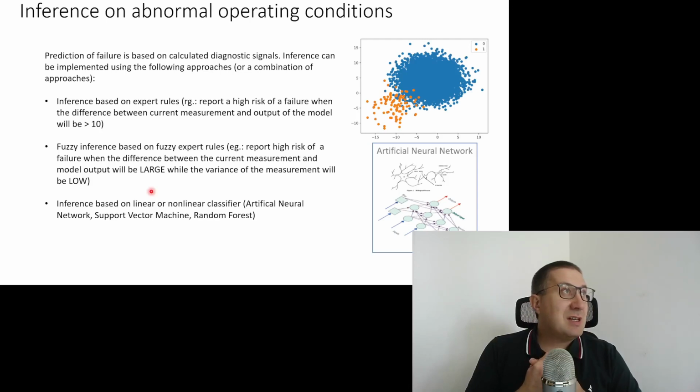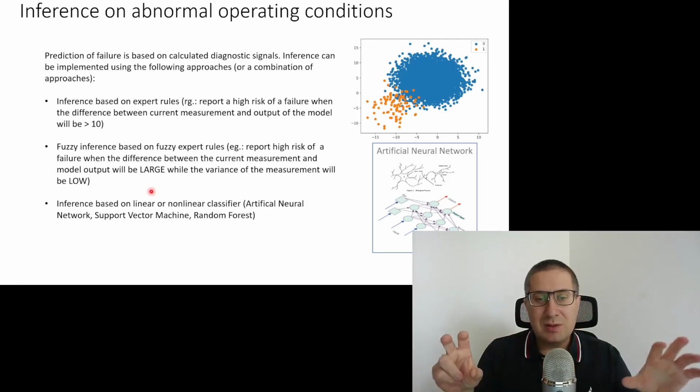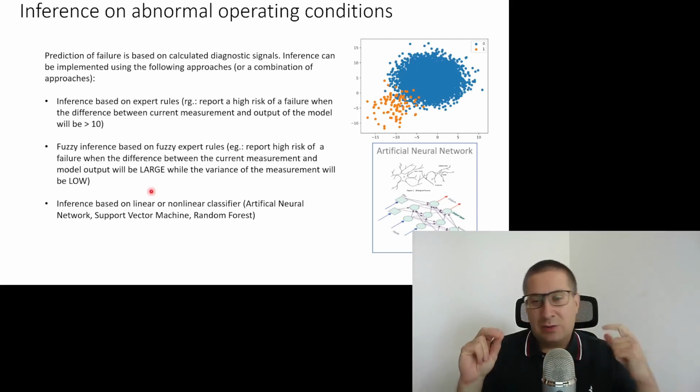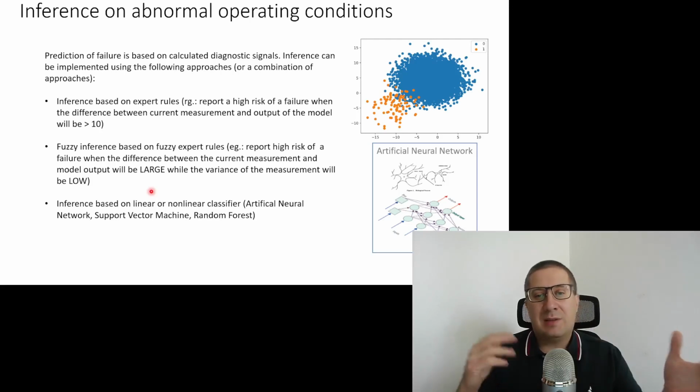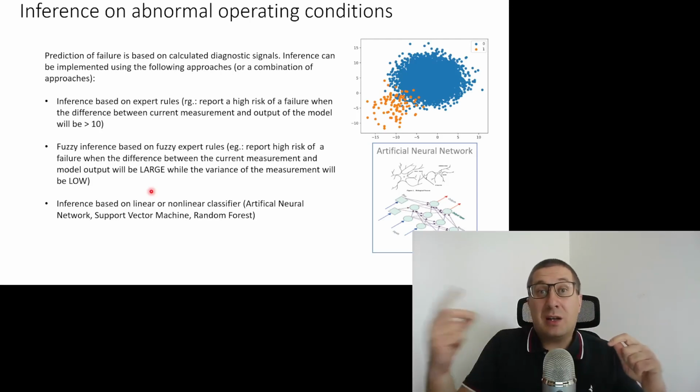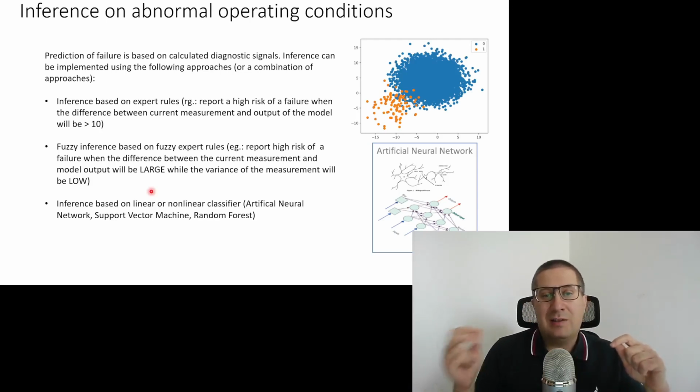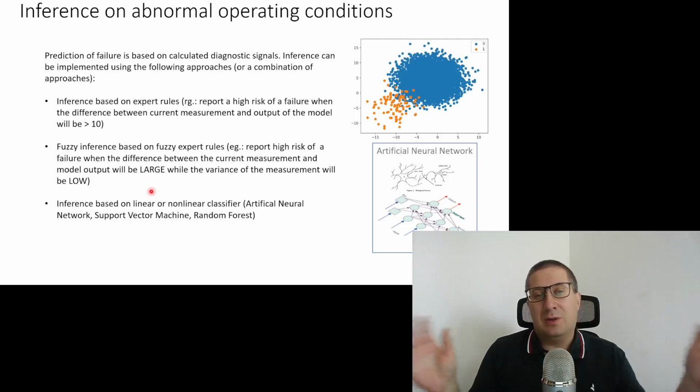Sometimes it's hard to define strict rules, but we can talk with operators, with dispatchers, and they can say that we should report a high risk of a failure when the difference between the current measurement and the model output is large, while the variance of the measurement is low, right?